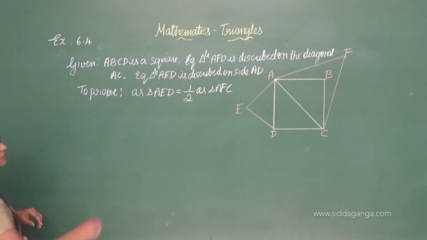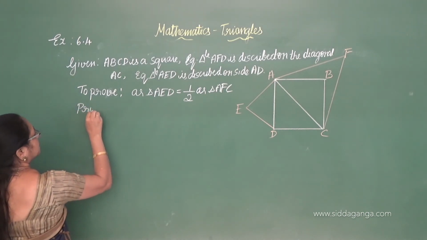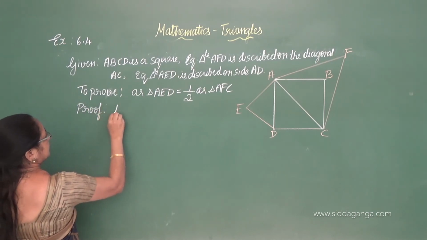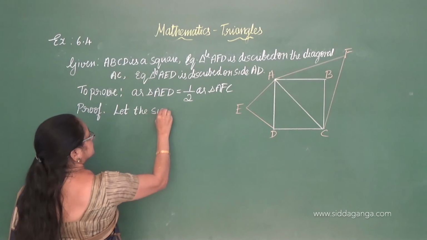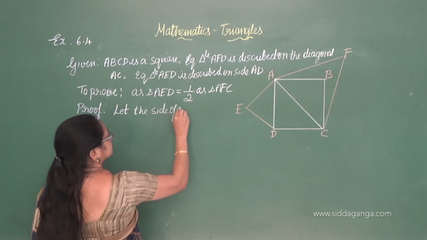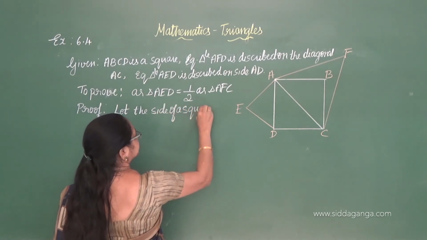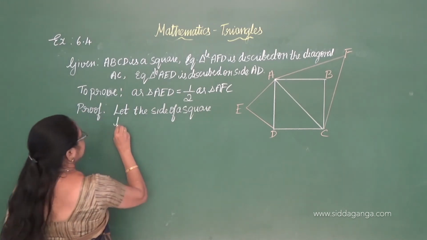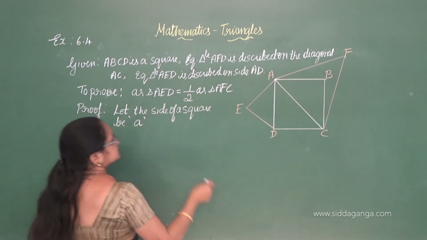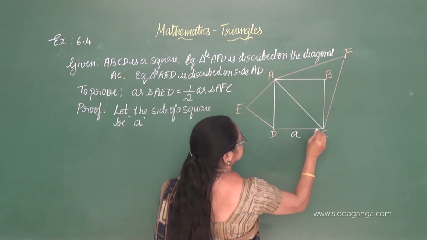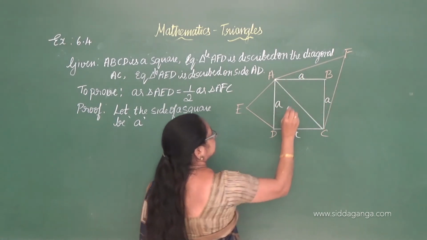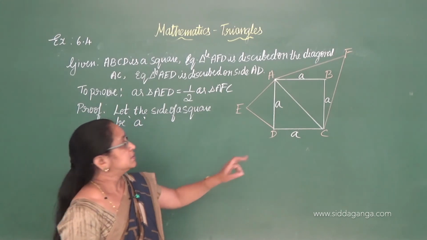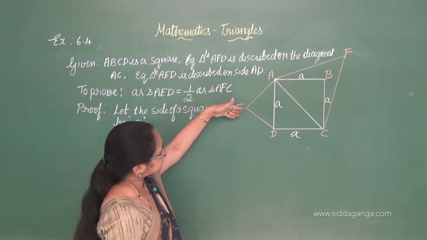Now next, to prove, let the side of a square be A. I'll take it as A. So this is A, this is A, you all know. So this side is A. See, AD is a part of this equilateral triangle.